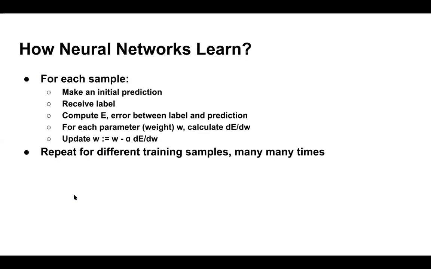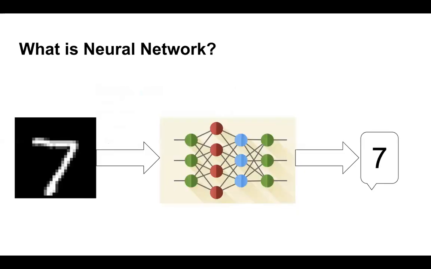Going back to this example here, let's say this is the neural network that we know is doing well. Given this image, it will predict a 7. Then we want to perturb the input, but how are we going to do it?